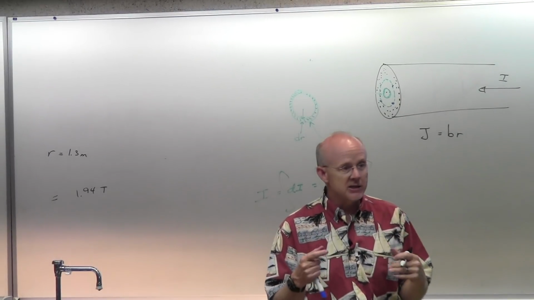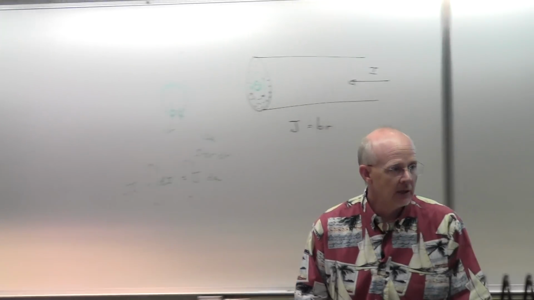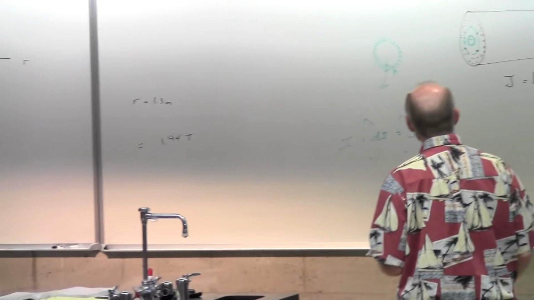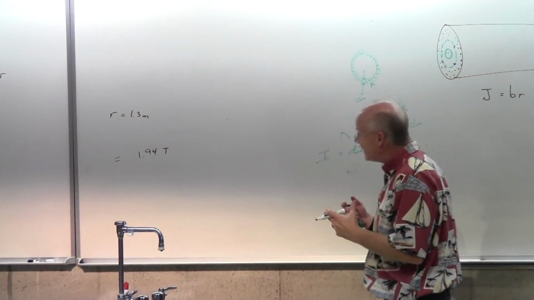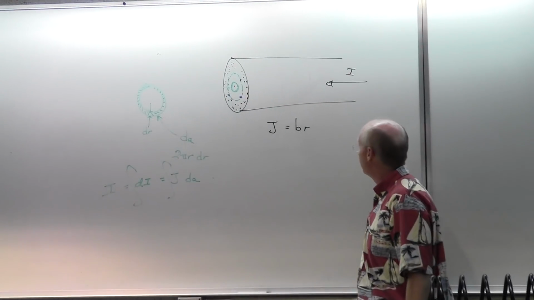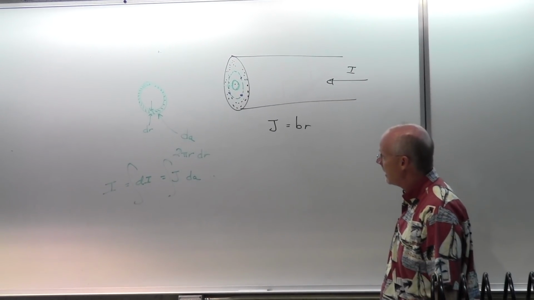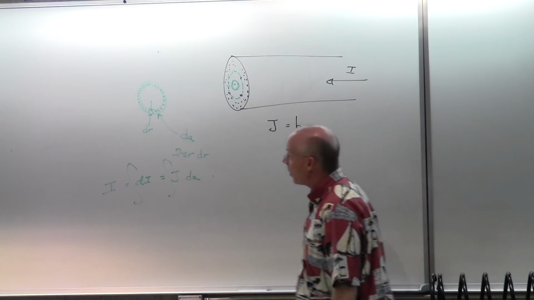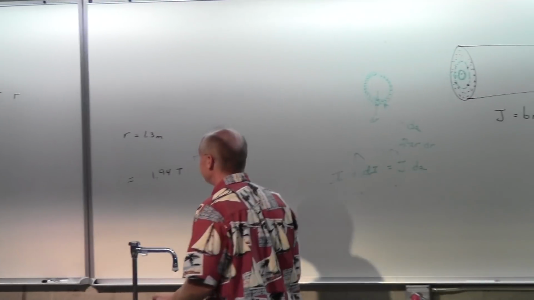And so I get a different effect of the magnetic field. So here is a different equation because I have a different current distribution for the magnetic field. Now, what about the outside here?